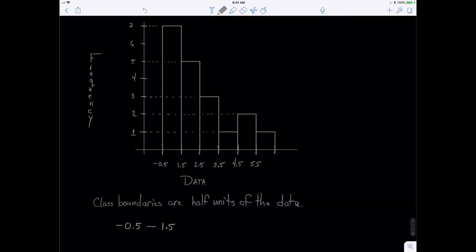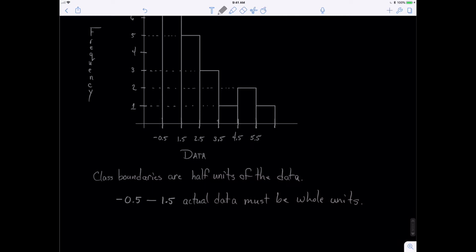Since in this case the boundaries are in half units, the actual data must be whole units. And in this case, what is the only whole number?